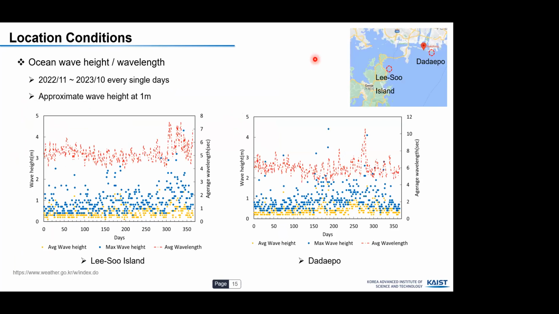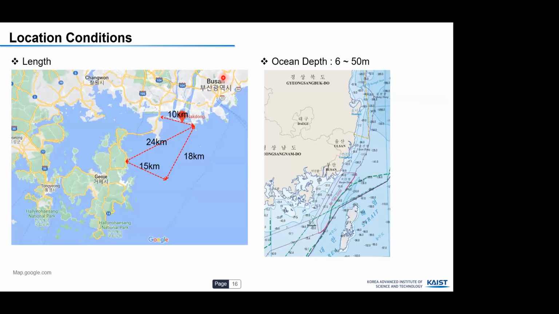In this location, we saw that the wave height is approximately 1 meter. So it's important to scale and to see the force that will be applied on our system. We also looked for the length and the ocean depth to scale our device.